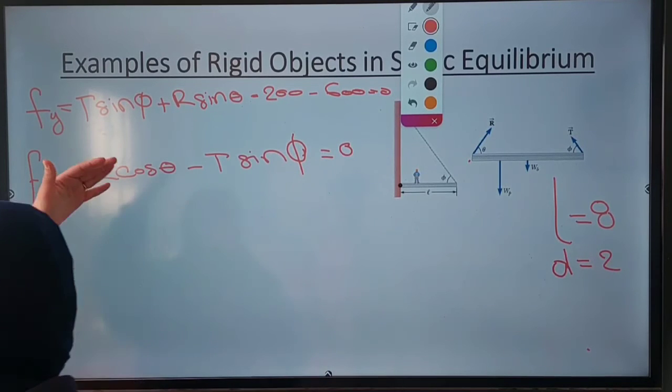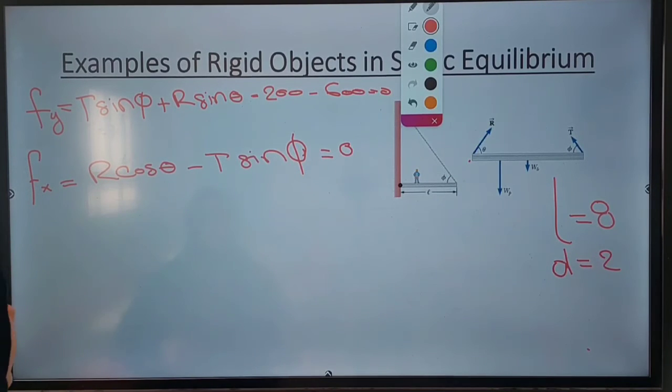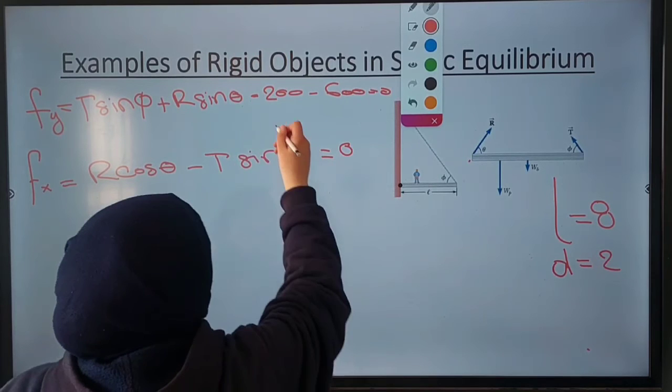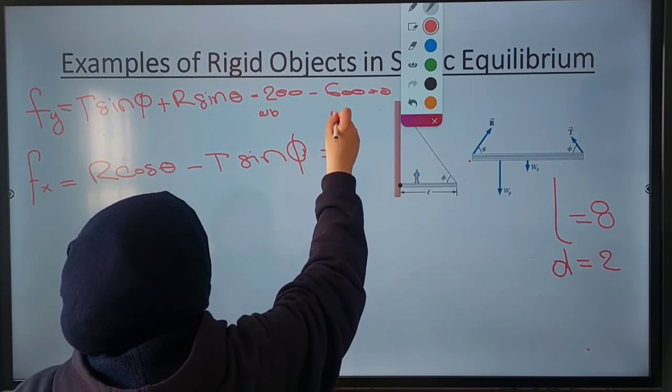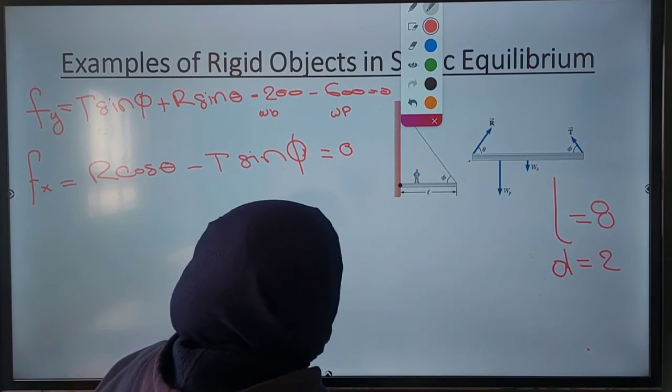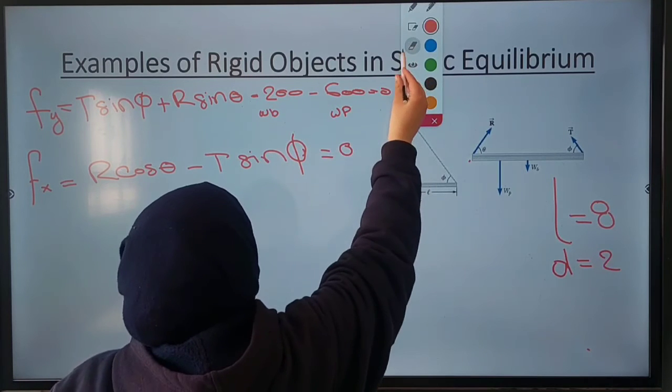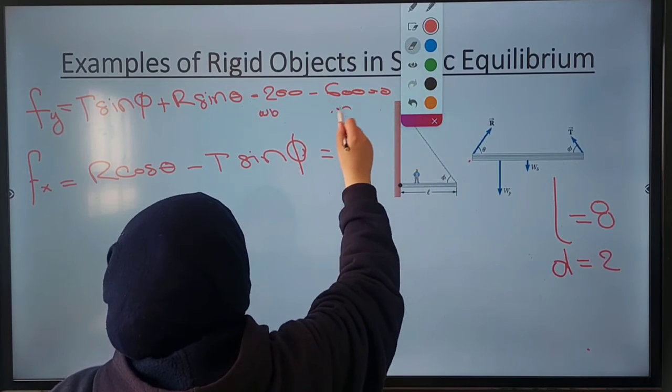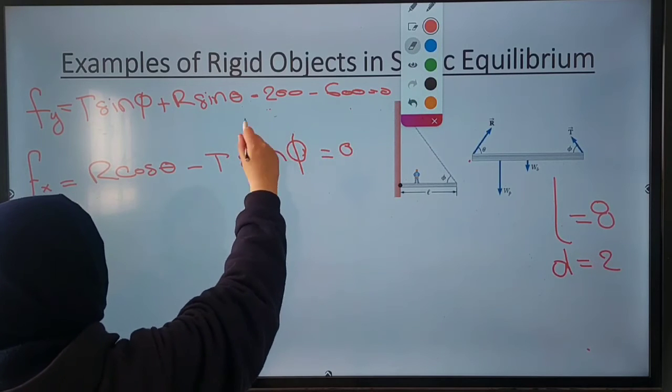Okay. Here, after we have arranged all the equations that we need, and that is the magnitude of the weights WB and WP, that you have arranged. Okay.